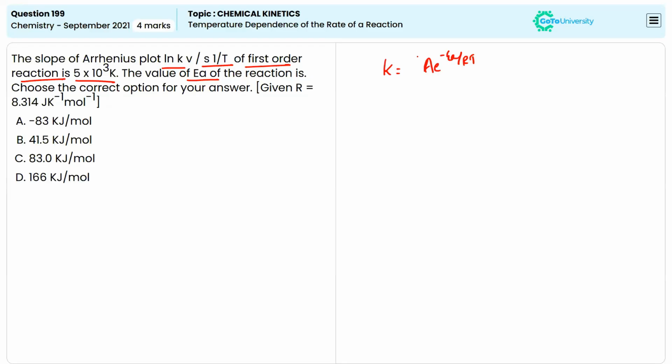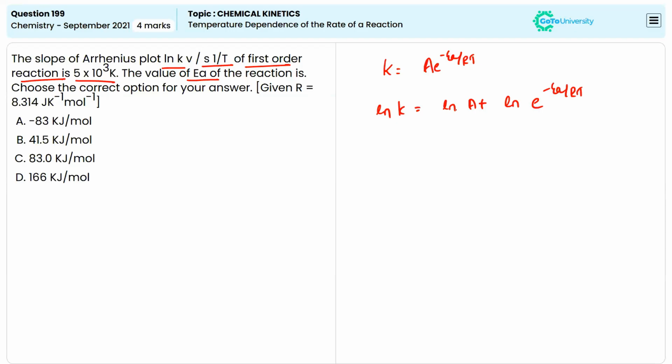Now we know how to find out the values. We have to take the logarithm. We can take the natural logarithm, so ln K is equal to ln A plus ln e raised to minus Ea divided by RT.